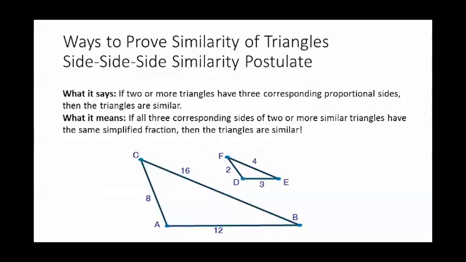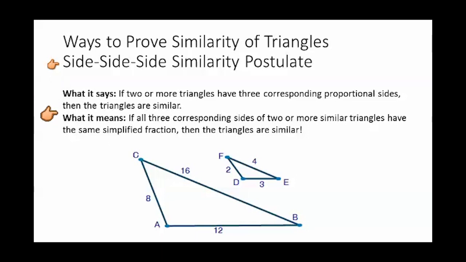And the last postulate of triangles is based off of what we were talking about earlier with similar figures, that they have the same corresponding angles and all of the corresponding sides are going to be proportional. And using the side similarity postulate, that's what we're focusing on, that 3 corresponding proportional sides are shared amongst the 2 triangles.